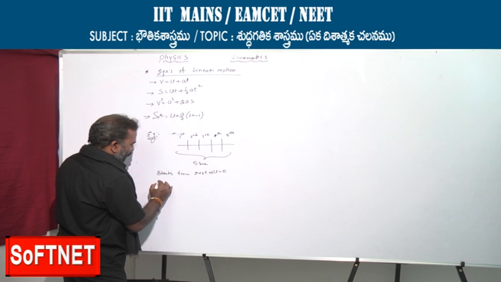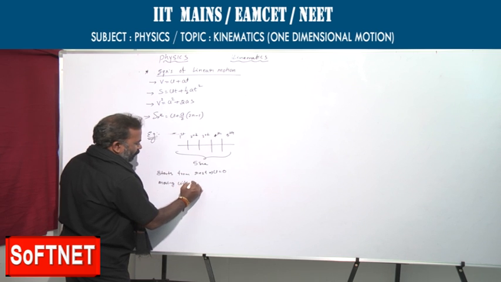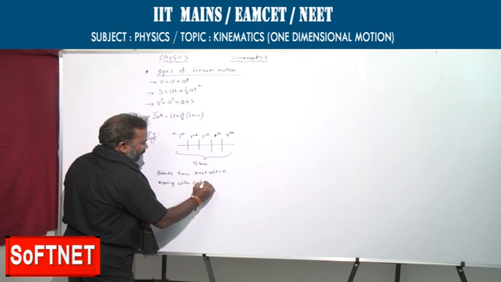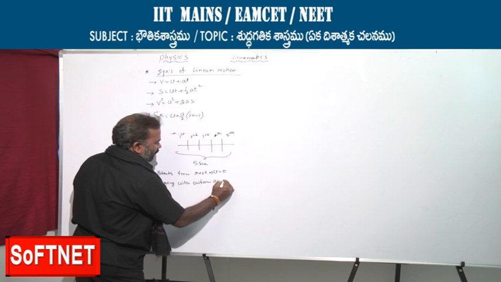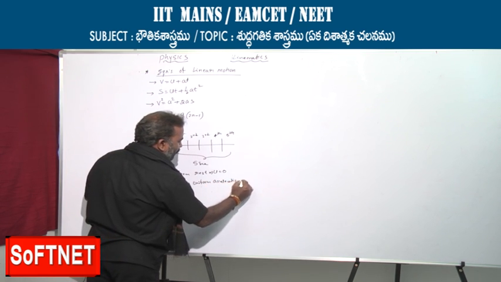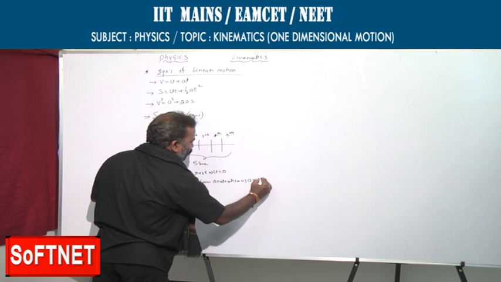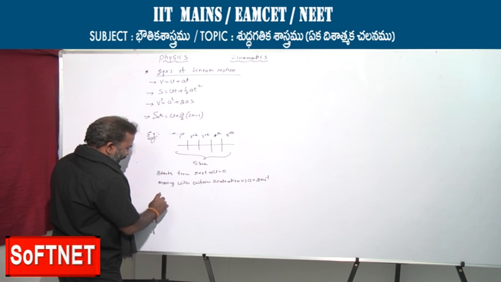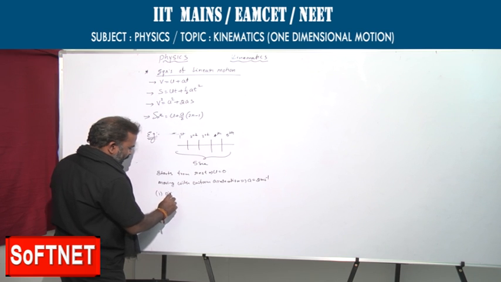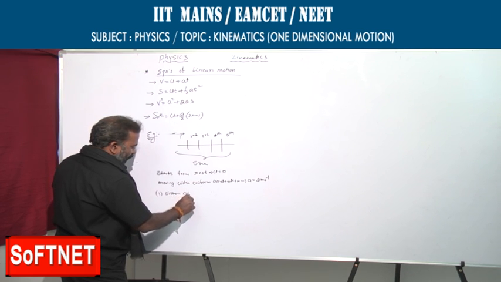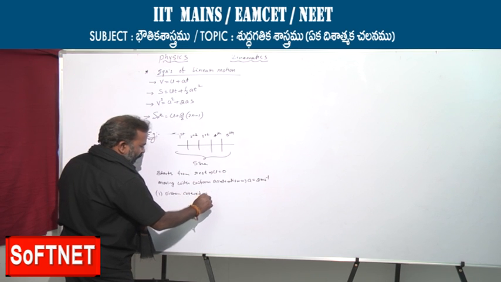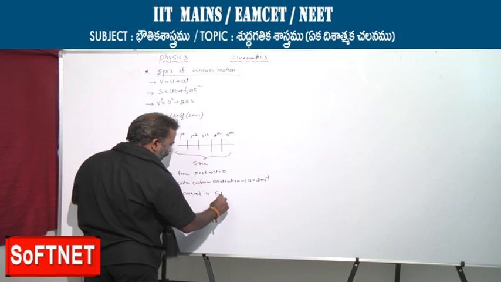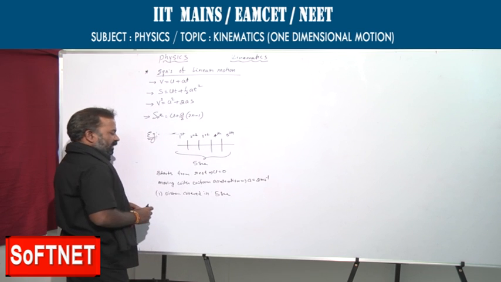And moving with uniform acceleration, that is, let us take A is equal to 2 meters per second squared. So first bit we will try to calculate distance covered in 5 seconds.